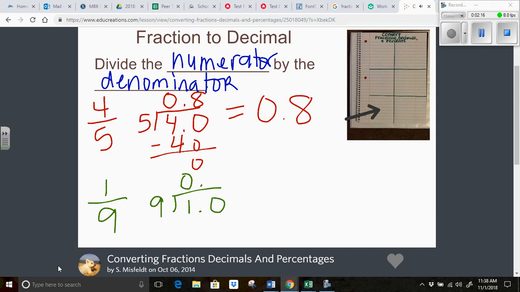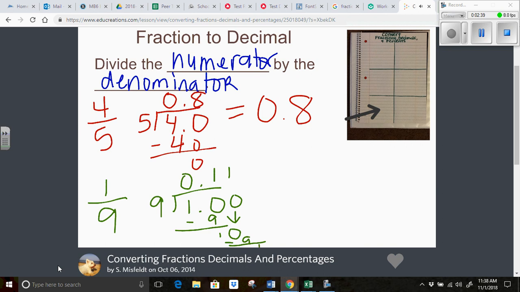Now 9 can go into 10 once. 9 times 1 is 9, and when I subtract, I get 1. Now 9 can't go into 1, and I don't want to leave a remainder, so I'm just going to add another 0 just to see where it would take me. Now 9 can go into 10 one time. 9 times 1 is 9, and when I subtract, I get 1.